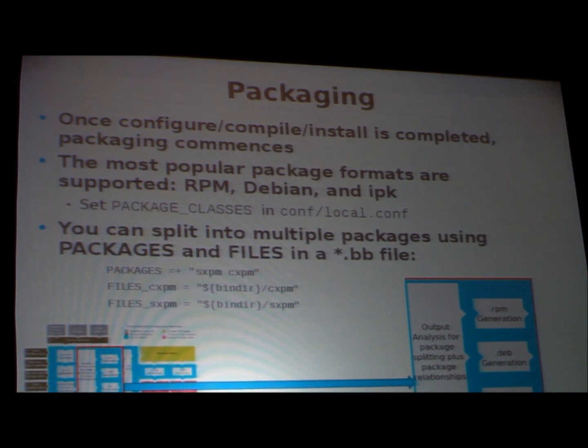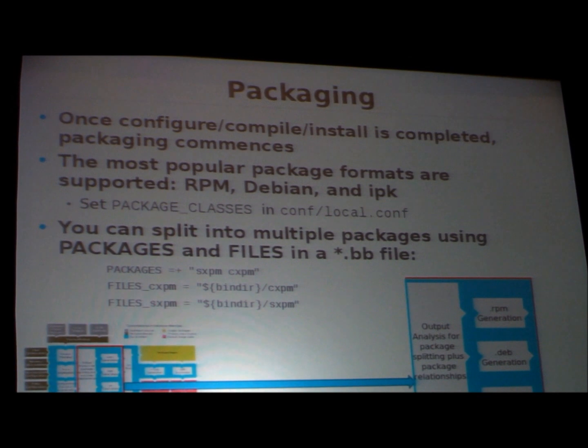Nothing gets installed outside of that until we actually package things and build the rootfs. So we support, as I said, RPM, Debian, and IPK, and that gets set in your local.conf or potentially in the distro, depending on the policy of the distro.